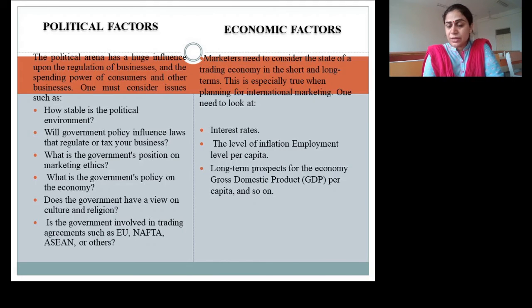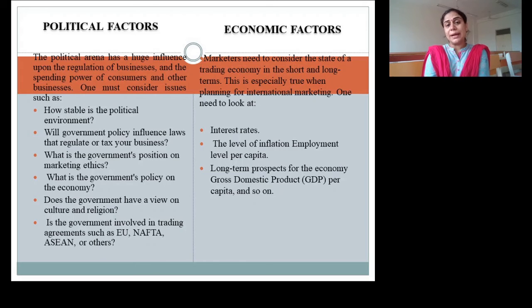You see that GST has influenced a lot of businessmen's environment, and the government's position with respect to market ethics. What are the government policies in the latest economy? What are the income tax laws that are coming up? What is the budget, and how far are companies facilitated in the upcoming budget of a government? Is the government involved in trading agreements like EU, NAFTA, ASEAN, or others?